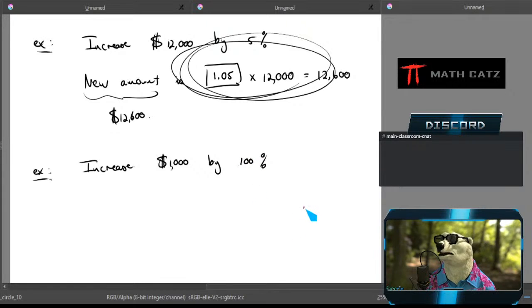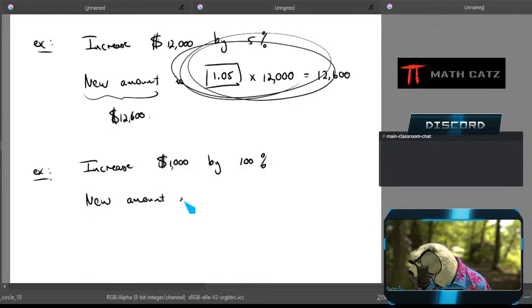Now, we might have an intuition about 100%. That's double, isn't it? I increase something by 100%. I get 100% of that on top of what I had, which means I get all of it again. That would be right. My new amount is some adjustment factor applied to the 1,000.